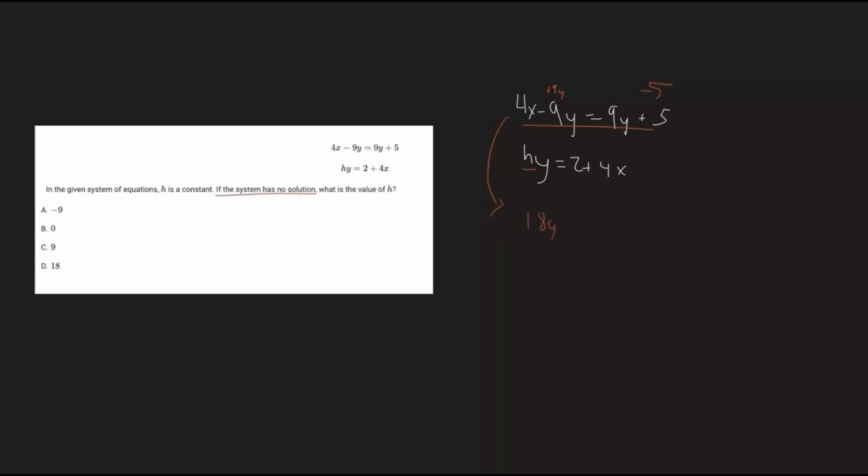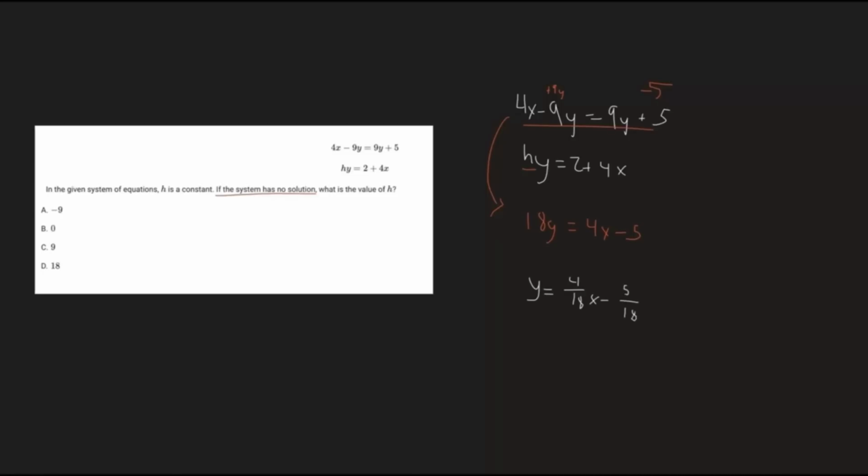So we have 18y equals 4x minus 5. And now for slope-intercept form, we divide both sides by 18. So y will be equivalent to 4/18 x minus 5/18.